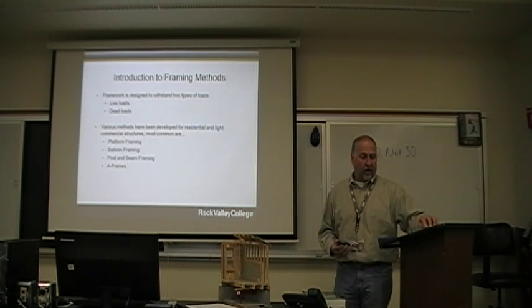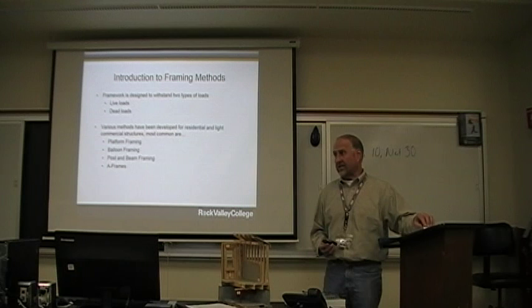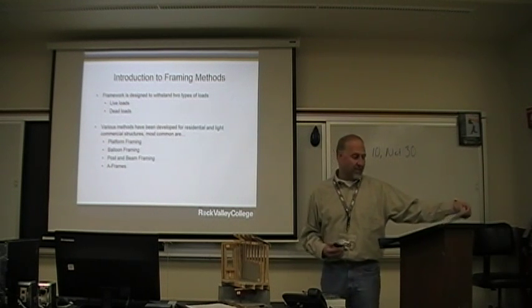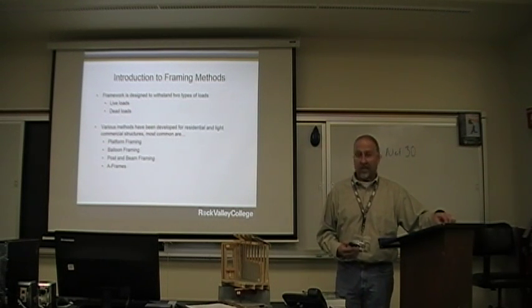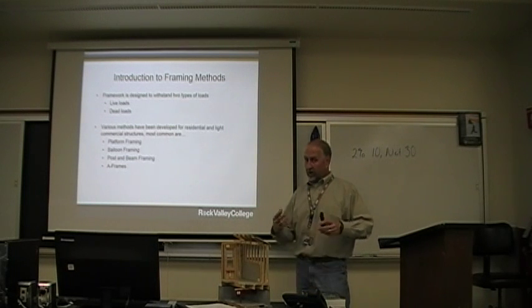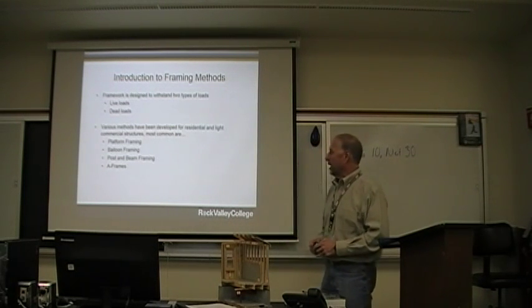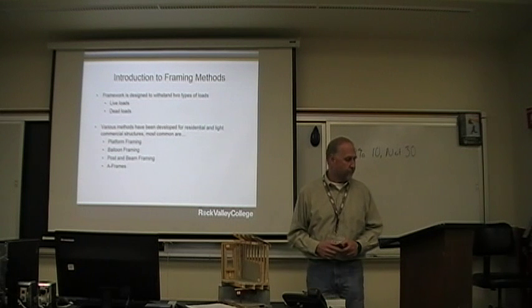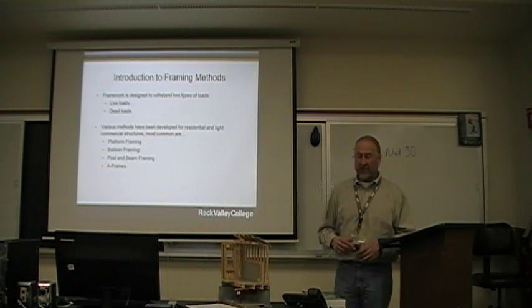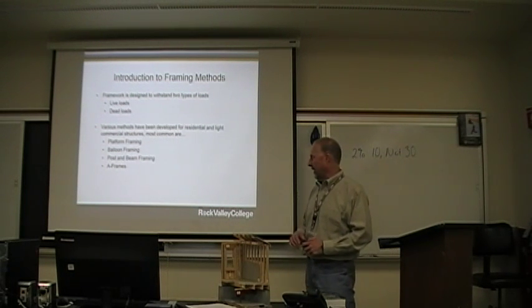Balloon framing was very popular from about 1830 to probably about 1930, and then we started getting into what I'm going to call traditional or current types of framing, platform framing. But balloon framing was about that era, about 100 years.